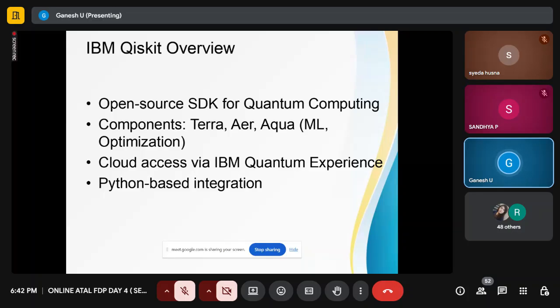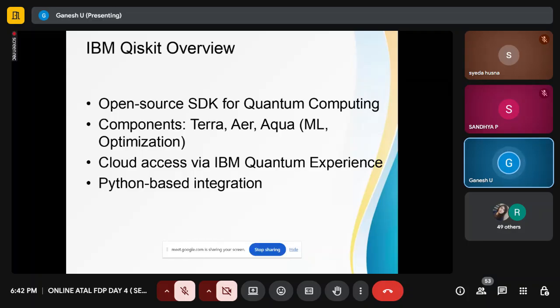Modular architecture. I will explain these Qiskit properties briefly. Modular architecture means it consists of several modules, including the Qiskit SDK for core functionality, Qiskit Aer for high performance simulation with noise, and Qiskit Runtime for optimized execution on IBM's cloud.